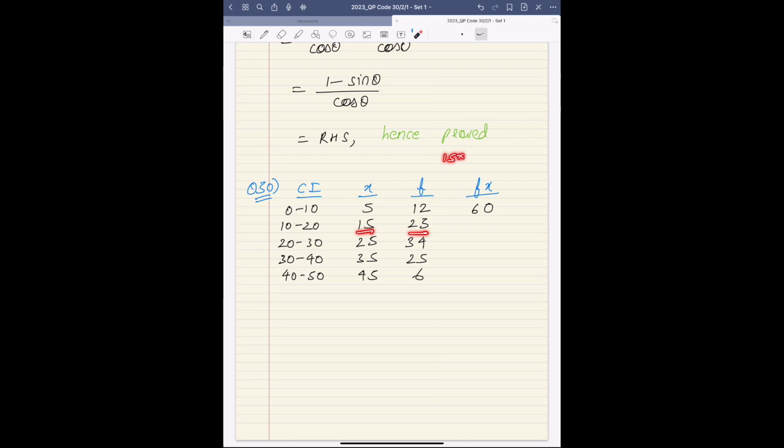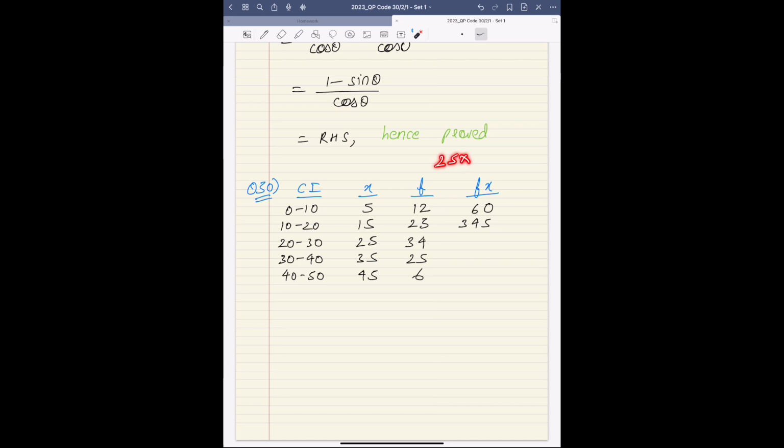So 15 into 23 can be written as 20 plus 3. 15 into 20 becomes 300, 300 plus 15 into 3 becomes 45. So 345. Okay, this is what we get. Let me cross check. Yeah, it comes out to be 345. Same thing, 25 into 34.